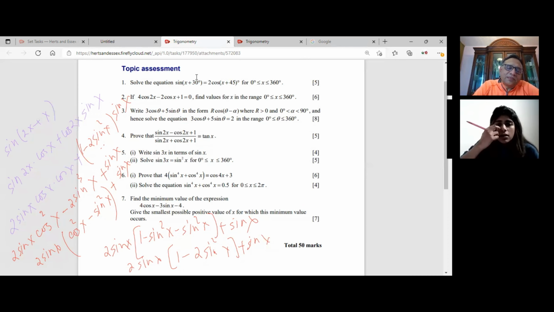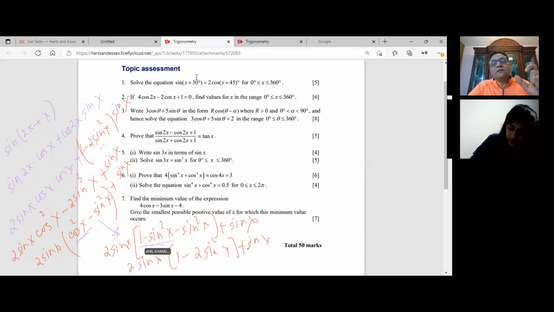Is this step clear, Amy? Oh, yes. I wrote cos square x as 1 minus sin square x. Right. So if you get cos square x but you want a sine function, then you write cos square x as 1 minus sin square x, and then continue, right?